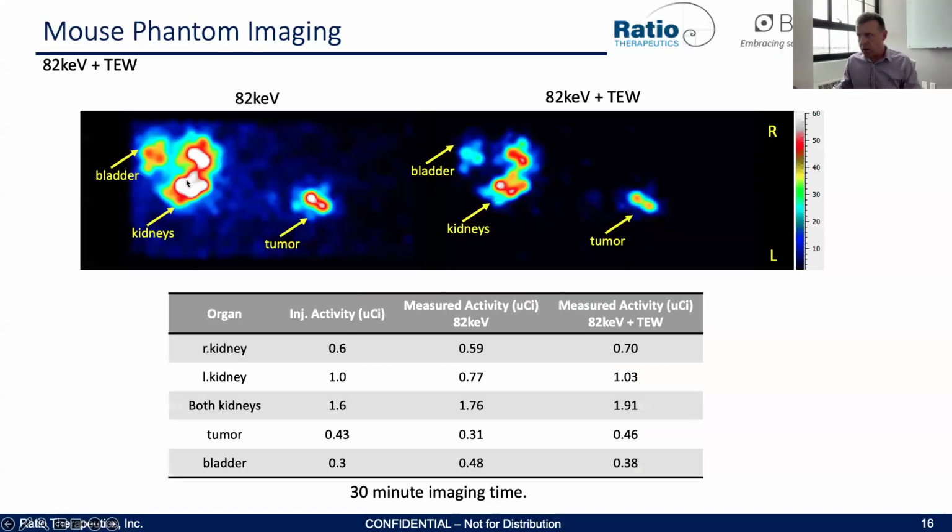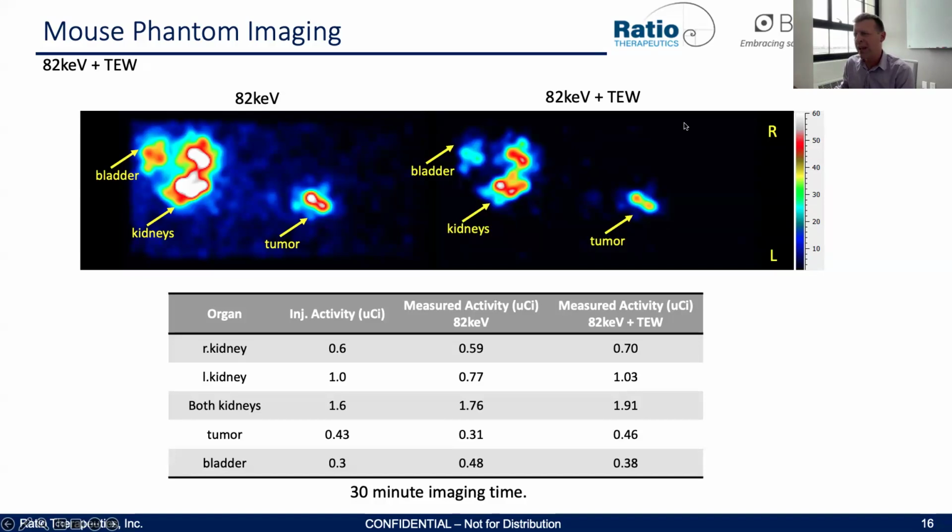So spending a little time on this slide, the kidneys were loaded with 0.6 microcurie and 1 microcurie respectively, the tumor with 0.43 microcuries of activity, and the bladder with 0.3. As you might recall from the previous slide, they're labeled here: the bladder, the 2 kidneys, and the tumor, clearly visible, even more clearly visible with the scatter correction.